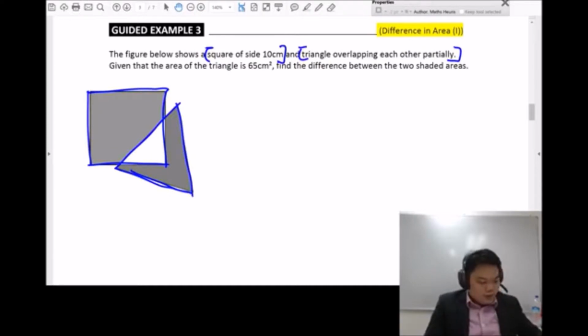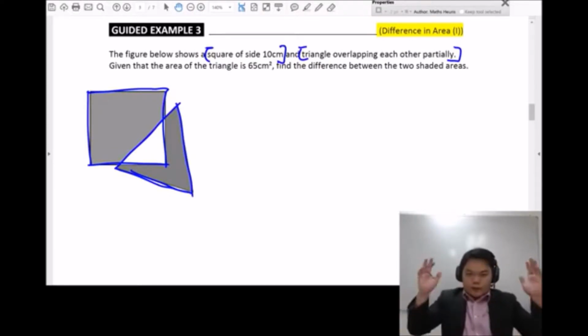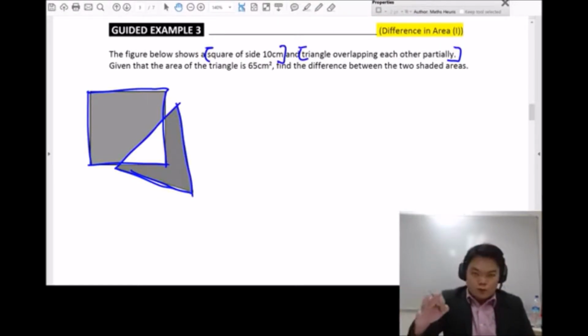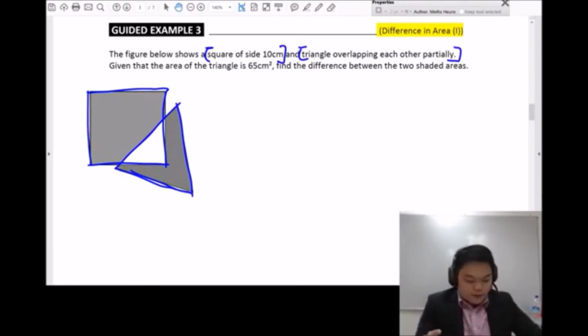Now, the thing here is, if I tell you you only need 3 necessary steps to solve this problem, would you believe it? Wait, for this problem, there's only 2 steps.